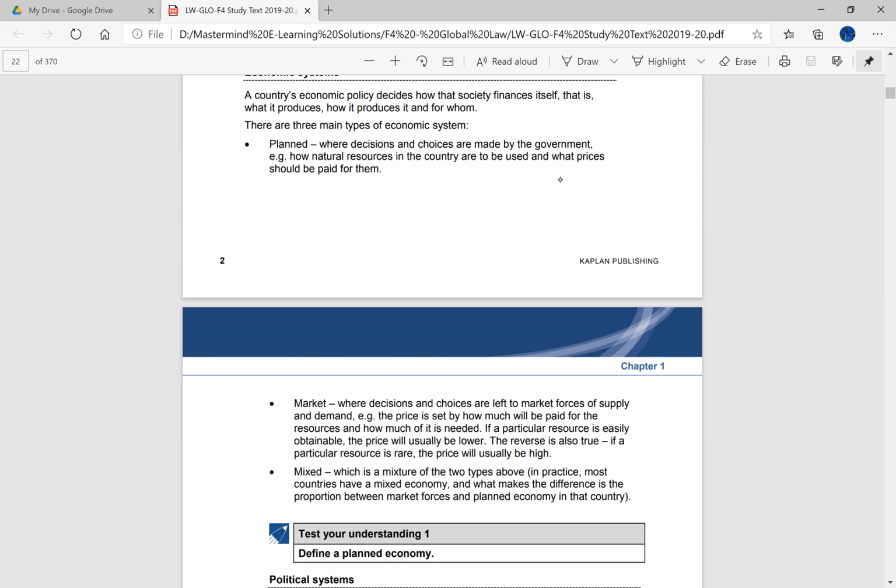For example, some countries have 50-50 involvement, 50% public sector and 50% private sector. In some economies it could be 60-40, 60 public and 40 private. In some countries it could be 40-60, and so on. Every country will have a different percentage of involvement in mixed.